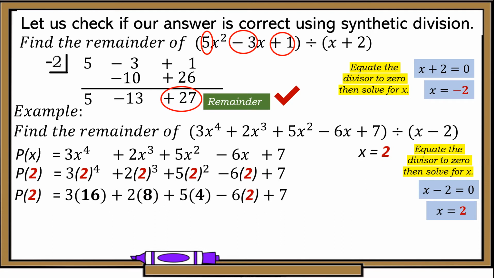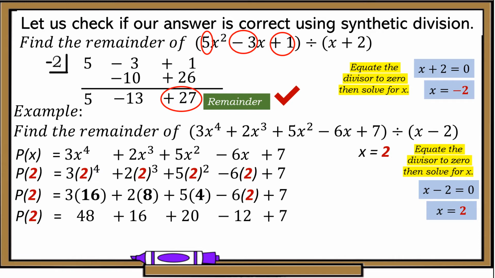Do not multiply 3 times 2 to the fourth power right away. Before that, take 2 to the fourth power first. That means you will multiply 2 four times: 2 times 2 times 2 times 2, you get 16. Then 2 to the third power is 2 times 2 times 2, or 8. Then 2 squared is 2 times 2, or 4. Then we have 6 times 2.